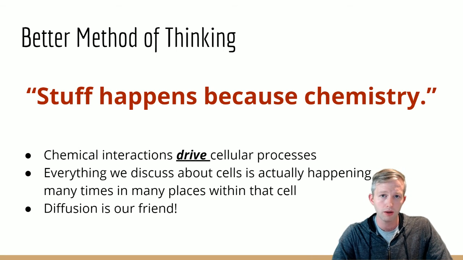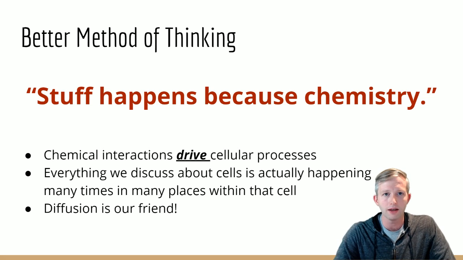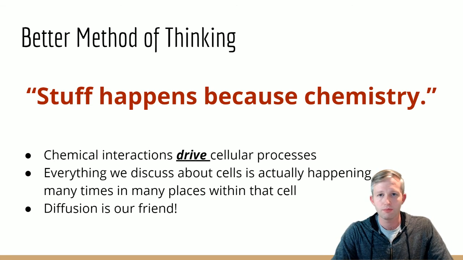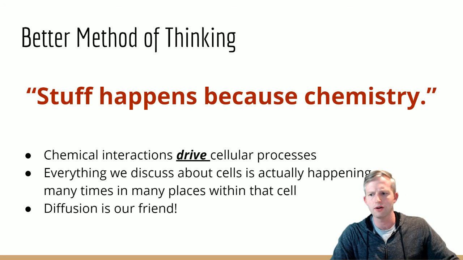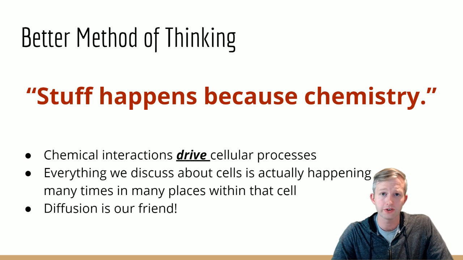So when we talk about this stuff and we talk about why does this happen, why does even the mitochondria accept the broken down products of glycolysis in order to undergo the Krebs cycle and the ETC? Why does this happen? Chemistry.